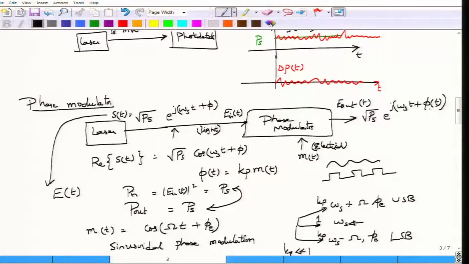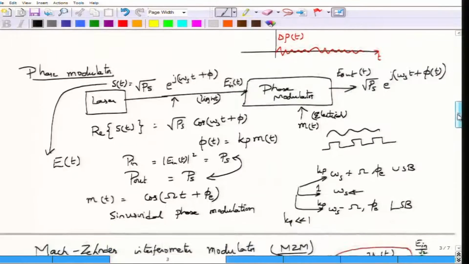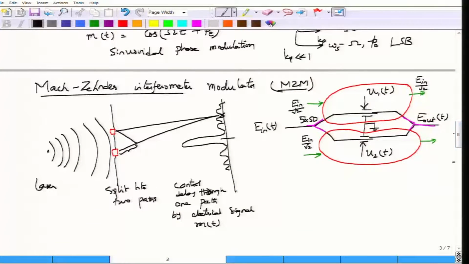So you had phi of t, and in place of phi of t you had Kp m of t. Rather than writing Kp m of t, we will use a slightly different notation here. I will write this as E in by root 2 e to the power j, and the frequency and everything is known, so the only thing I have to write is the phase part, pi u1 of t divided by v pi.